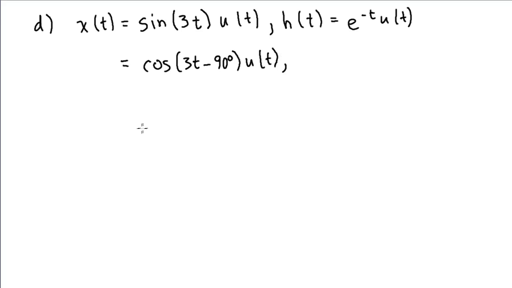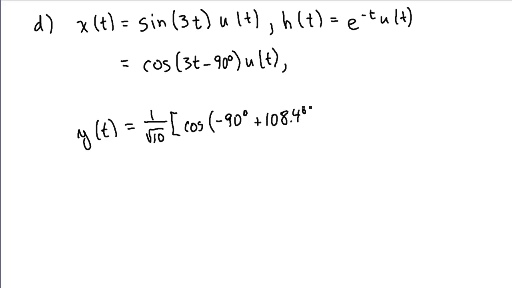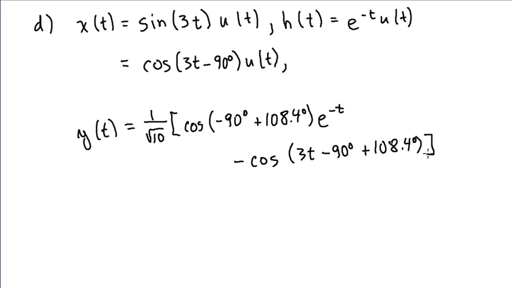I'll let you work through the details of finding the various angles, but y of t in this case is 1 over the square root of 10, then cosine, with the values plugged in being minus 90 degrees and plus 108.4 degrees, multiplied by this exponential term, and then we have cosine of 3t minus 90 degrees plus 108.4 degrees. All times u of t, so the output would be switched on.